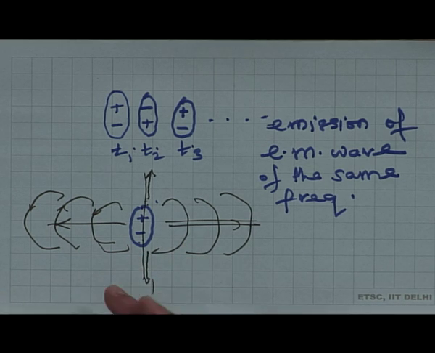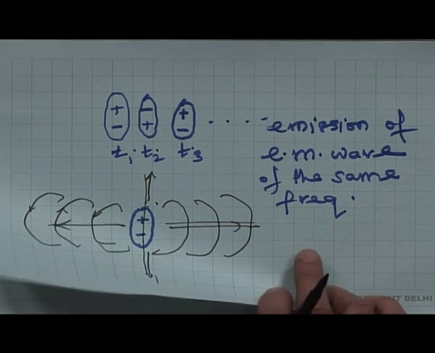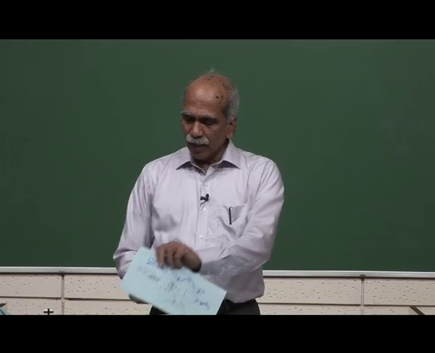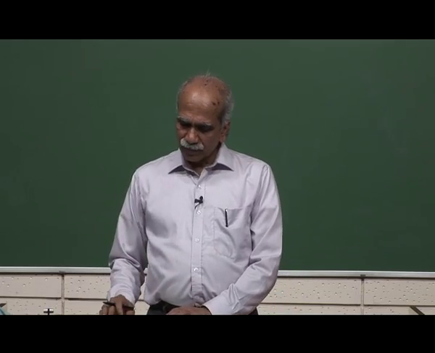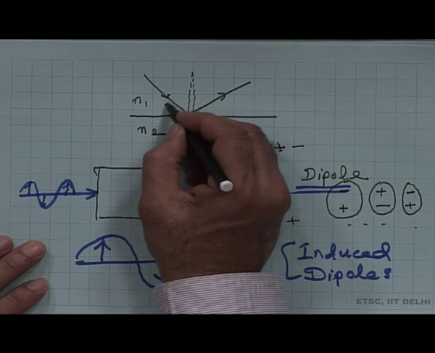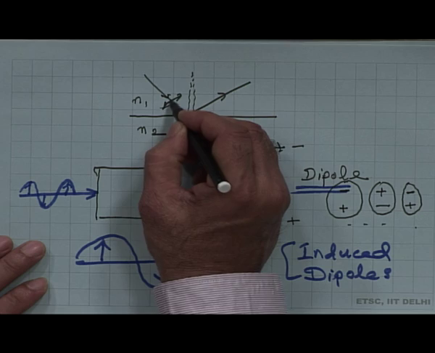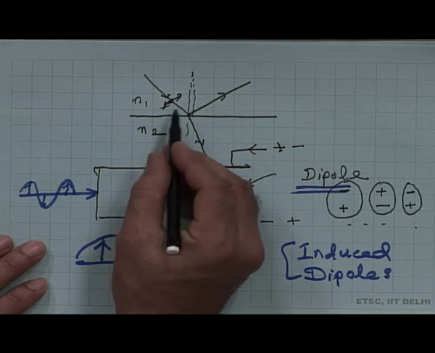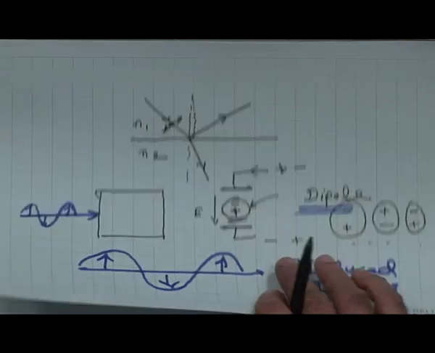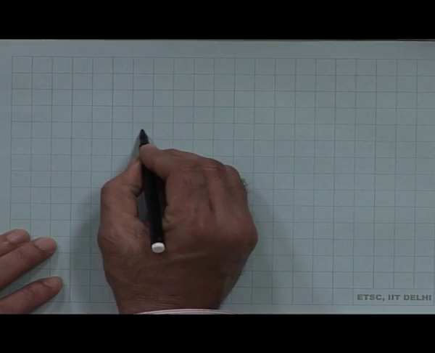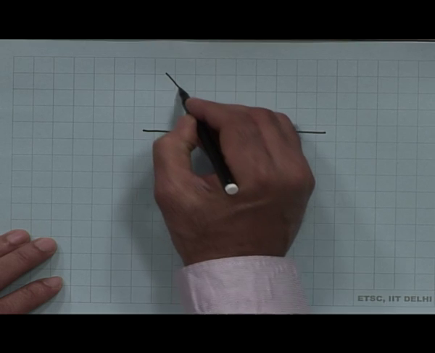Now, how is this related to the problem at hand? So, let me put back the slide here. When electric field variation is incident here, or let me take a different slide. Let me draw that again one last time.